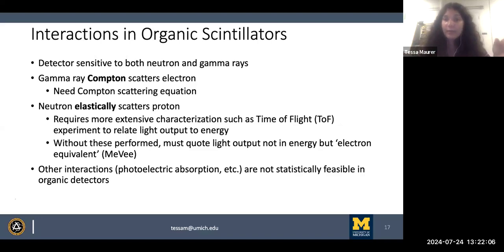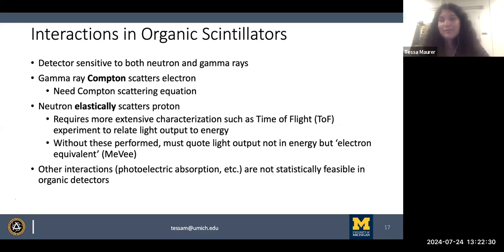So a gamma ray interacts with our scintillator material by Compton scattering an electron that exists in the bulk scintillator. And so we need a Compton scattering equation to figure out the physics behind that, and I'll detail that in a few slides. But neutrons, on the other hand, elastically scatter protons.